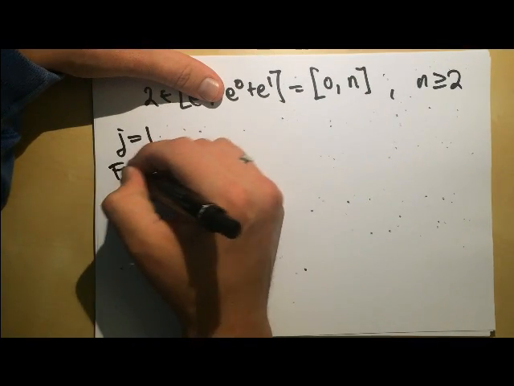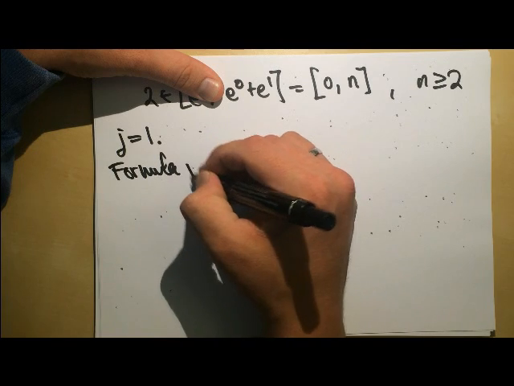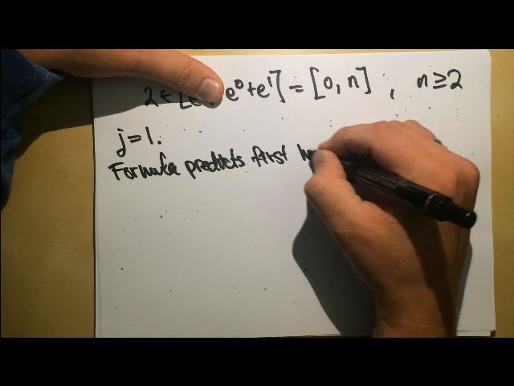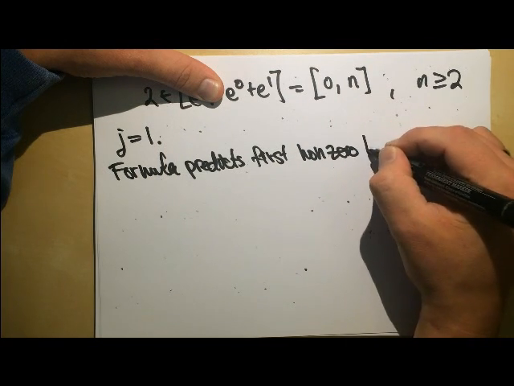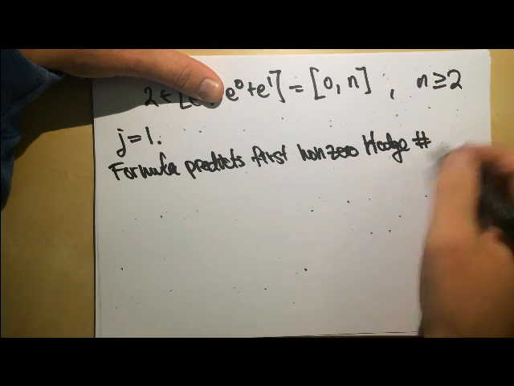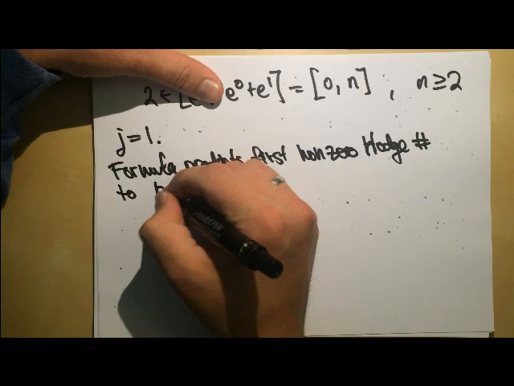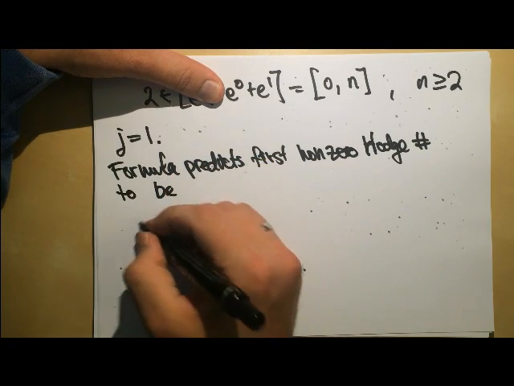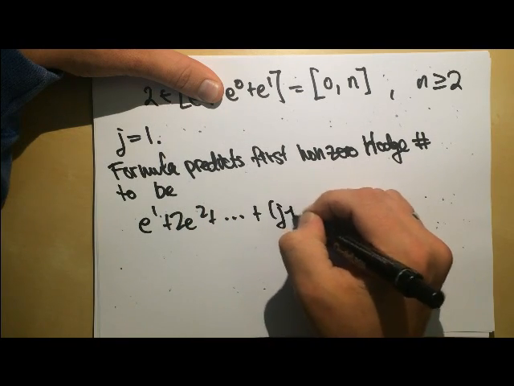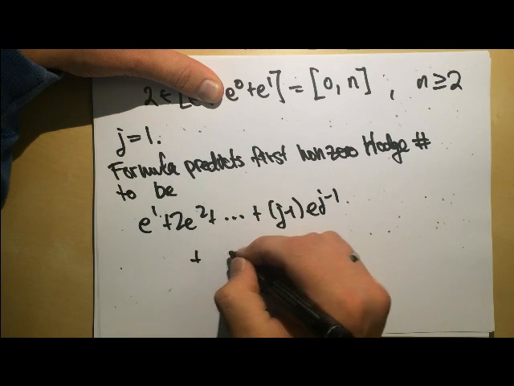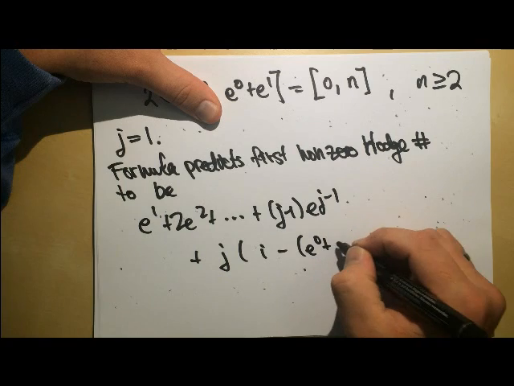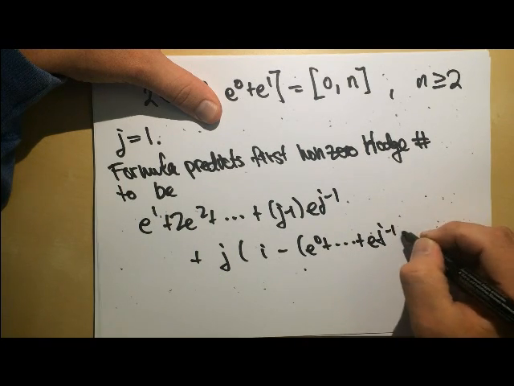Okay, so the formula predicts the first non-zero Hodge number, these weird crystalline Hodge numbers, to be, well, let me write it down again: 2e2 plus j minus 1 ej minus 1 plus j times I e0 plus ej minus 1 here.